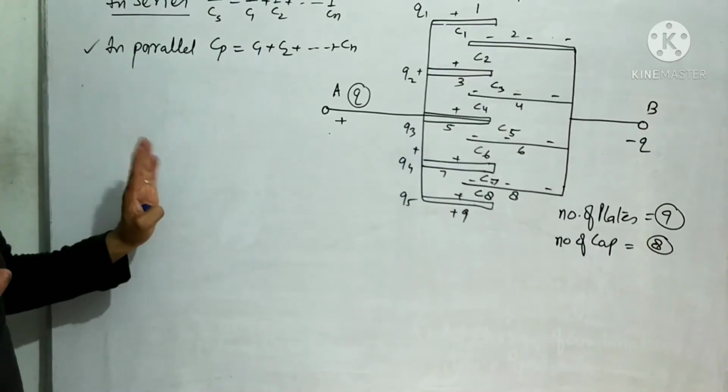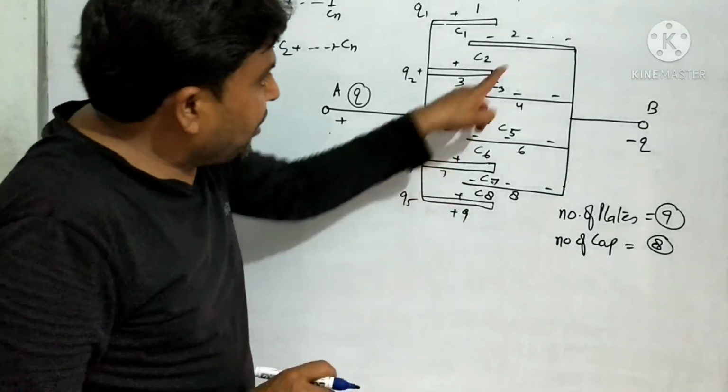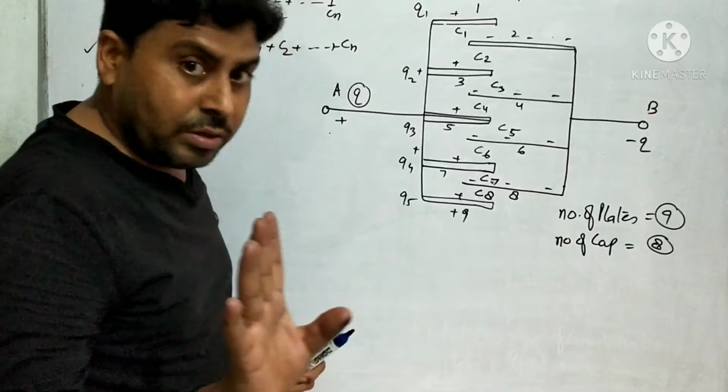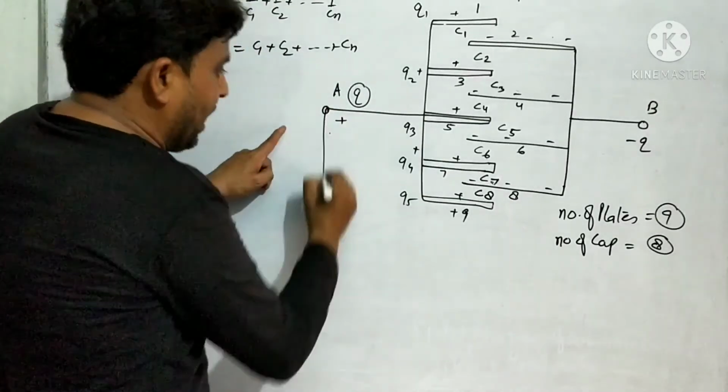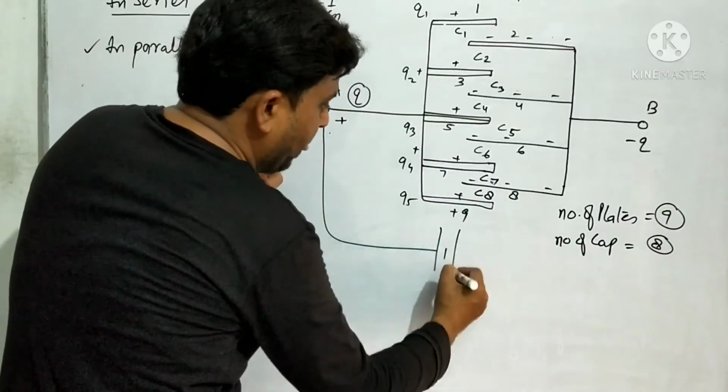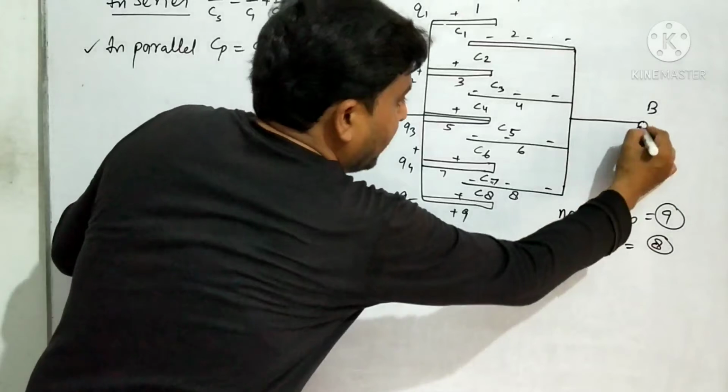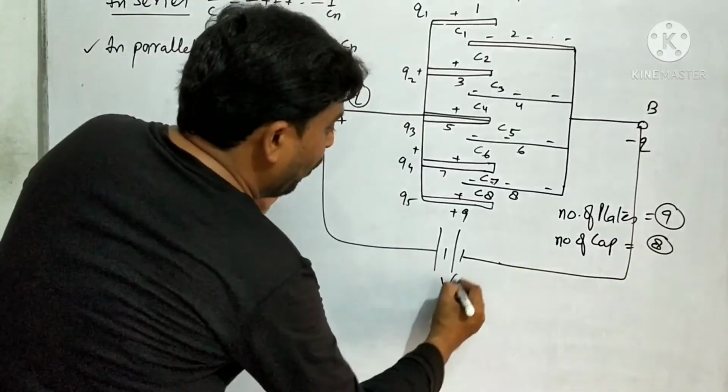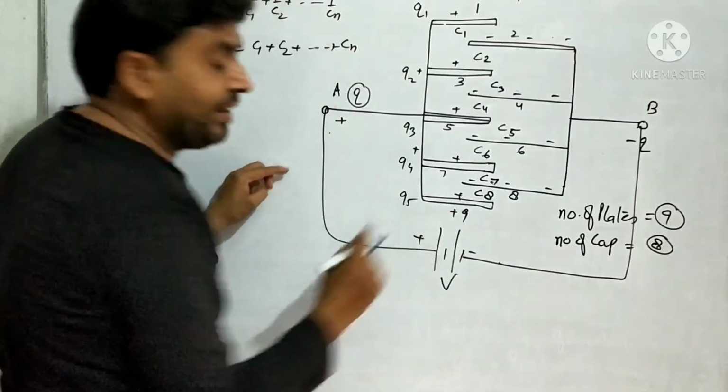Suppose these sources are of the same voltage, the same potential. It is positive, it is negative.